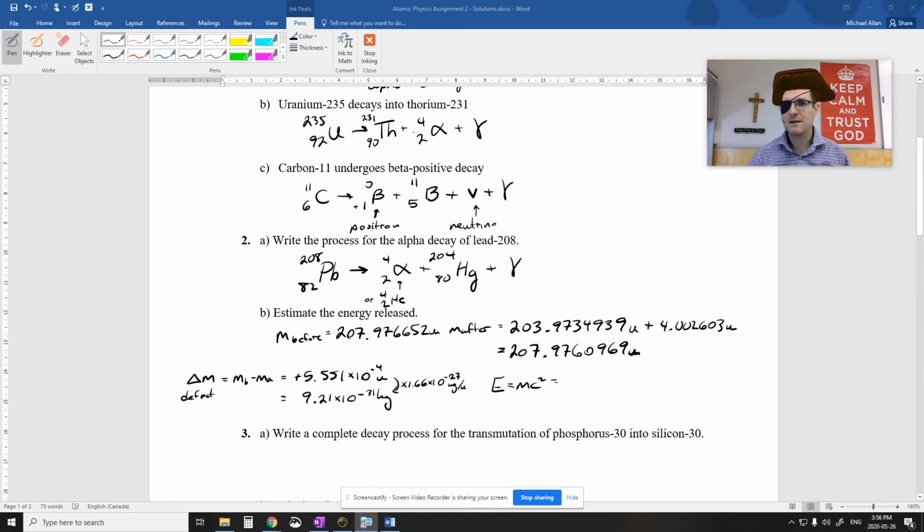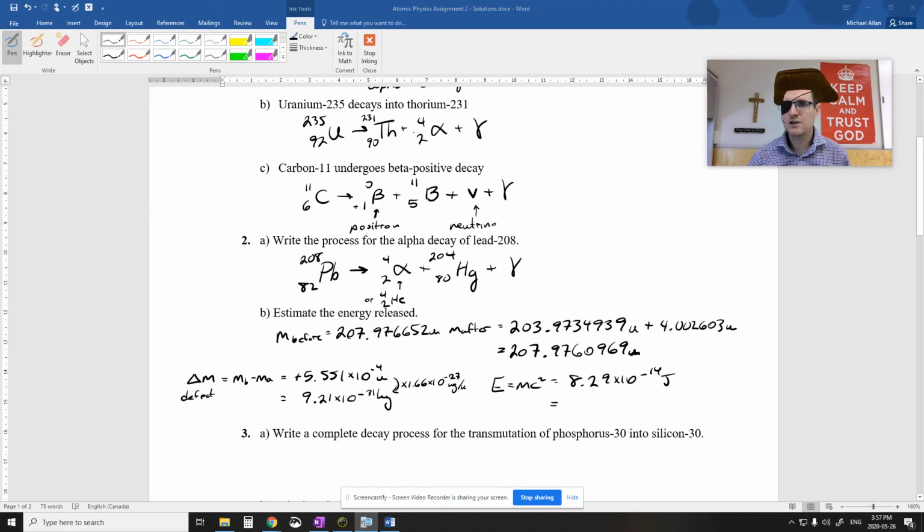So times that by the speed of light squared. Make sure it's squared. So I get 8.29 times 10 to the negative 14 joules. And that's a fine answer. I don't like communicating that way because those are weird numbers.